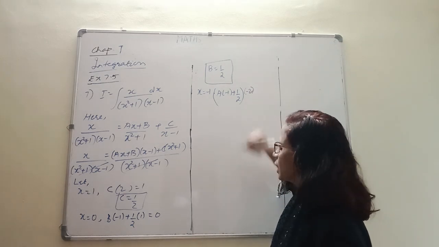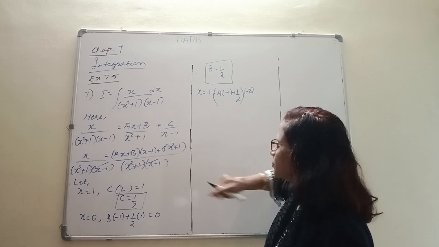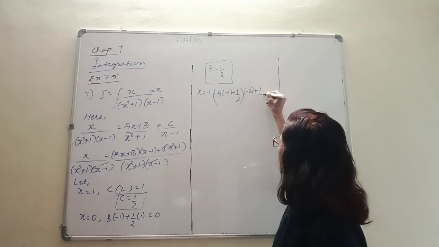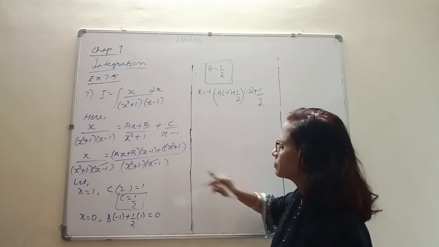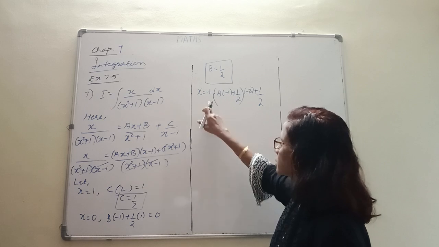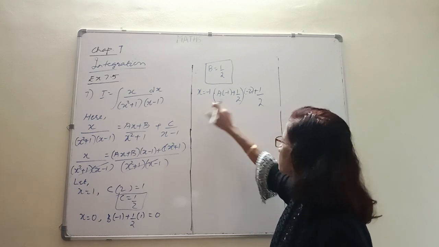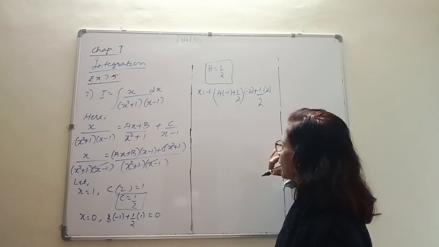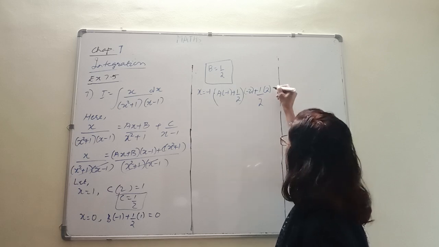And then plus c, which is half, times x squared plus 1. x squared means minus 1 squared, which is 1, 1 plus 1 is 2. And on the other side, we have x, which is minus 1.